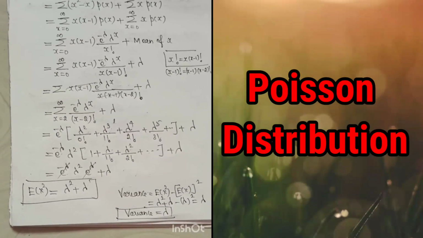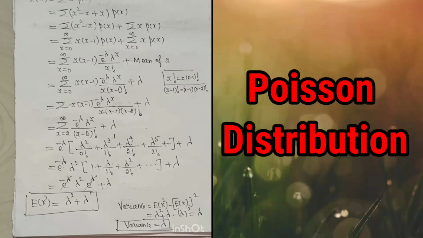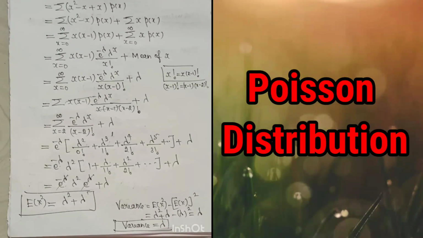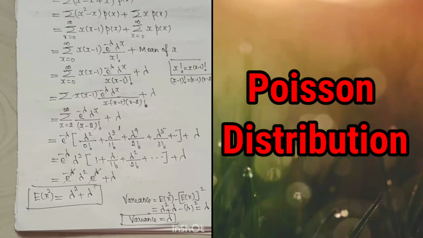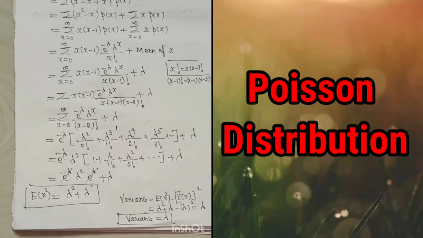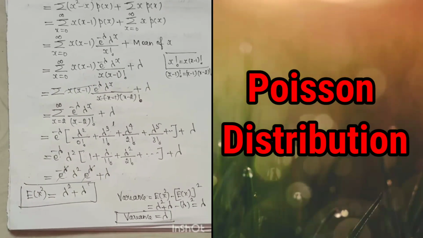Lambda square is common in each term, so take it out as a common element: e power minus lambda into lambda square into 1 plus lambda by 1 factorial plus lambda square by 2 factorial plus lambda cube by 3 factorial plus etc., plus lambda.